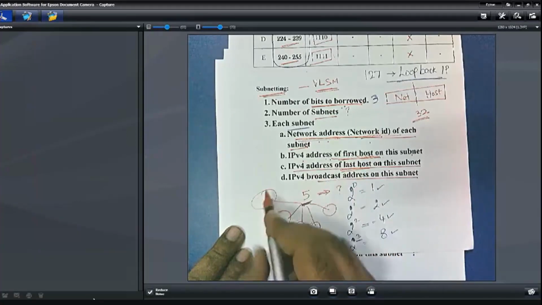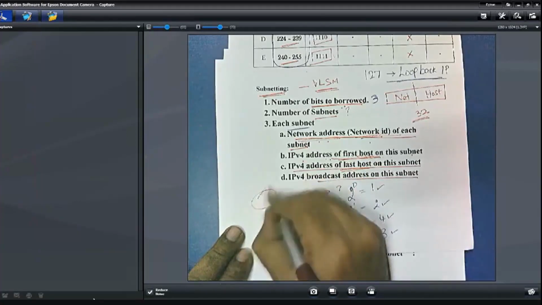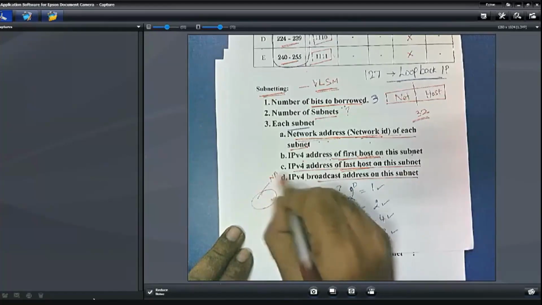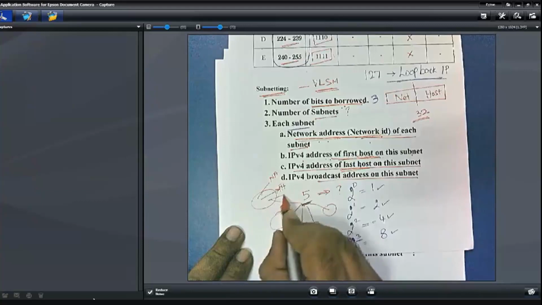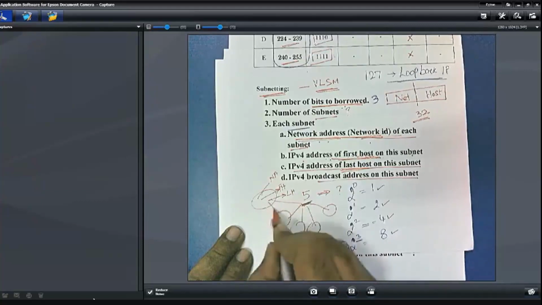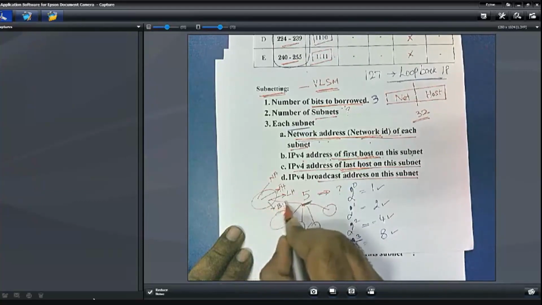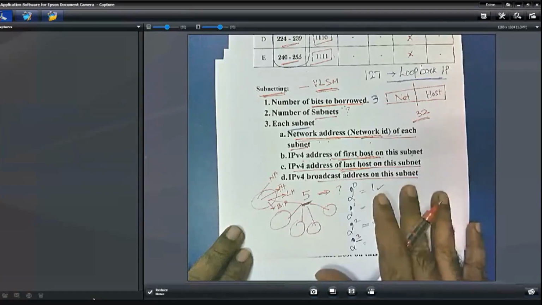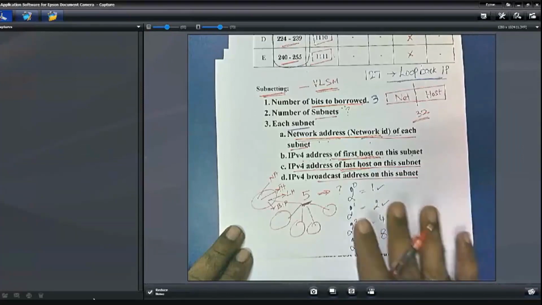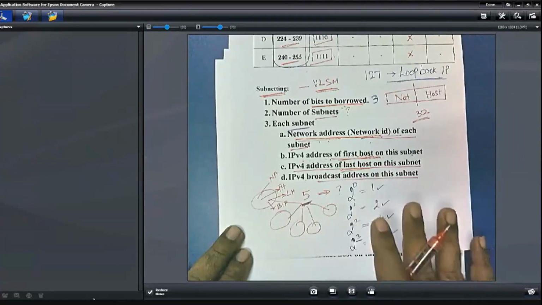So for every subnet, 4 things we have to find. One is the network address. Second is the first host address, then the last host, then the broadcast IP address. You have to find this for every subnet. I'm just revising everything. We have done this and I have given a lot of examples, but I'm just revising. You can understand the things now.